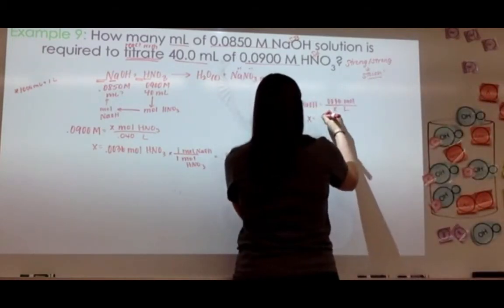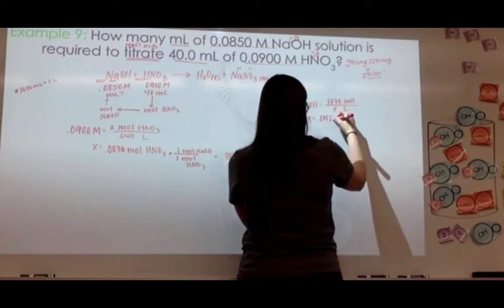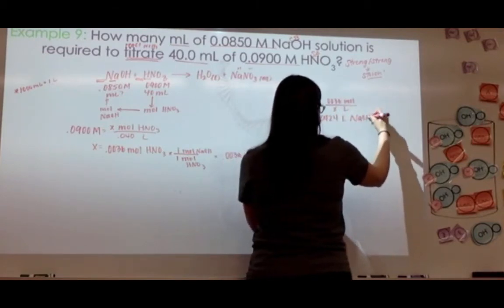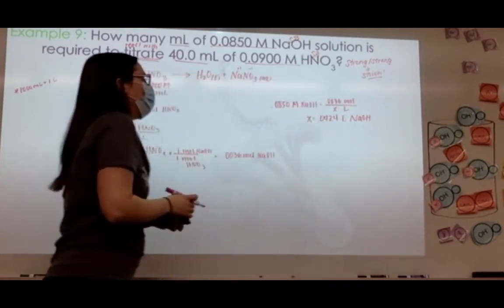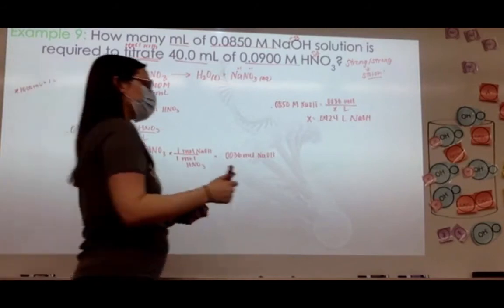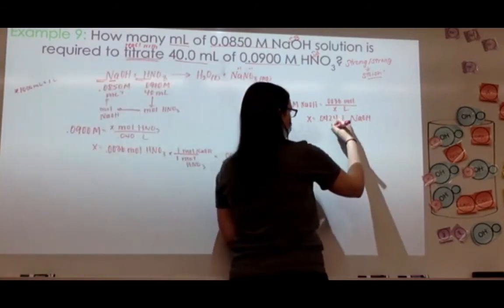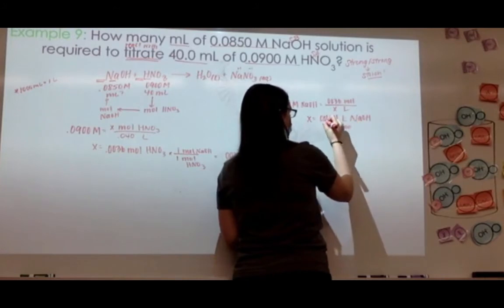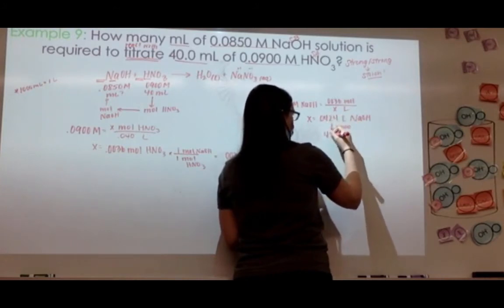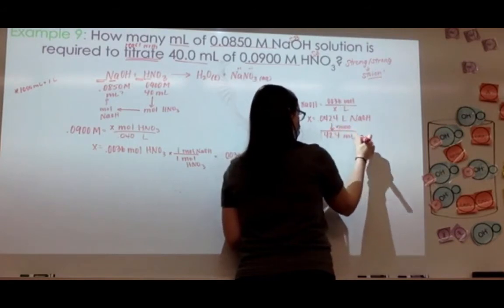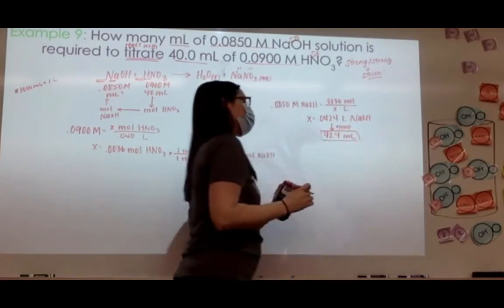When you do that, you get 0.0424 liters of NaOH. It asks for milliliters, so you multiply by 1,000. Move the decimal place over 3 times. 1, 2, 3. 42.4 milliliters.